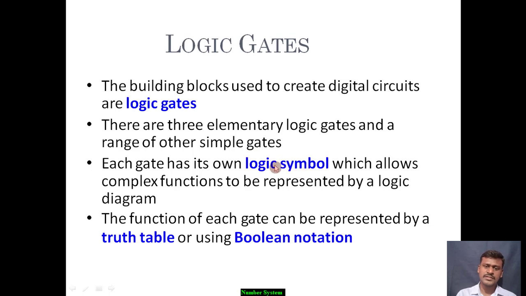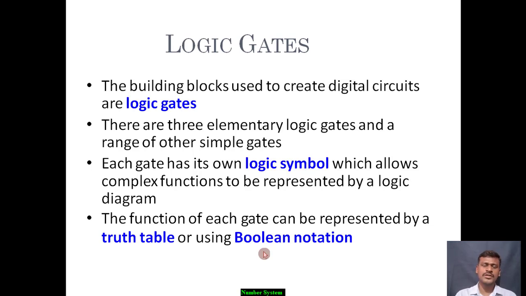Using the logical symbols we will build the logic diagram to represent a complex function. The function of each gate can be represented by a truth table or a Boolean notation. That means for each logical symbol or logical function we are going to write some truth table or Boolean notation. So this is how logic gates work.